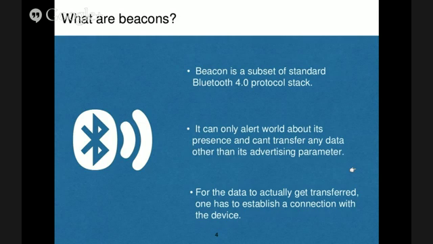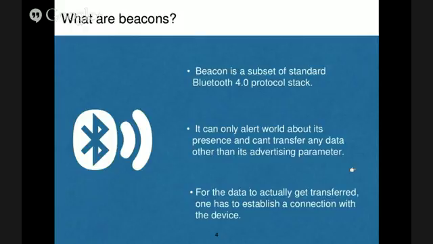A lot of people are a bit confused about what exactly a beacon is. A lot of people think a beacon is a particular hardware they see in the market nowadays, and some people from the software background know what exactly a beacon is. I just want to tell you that a beacon is not just hardware or software, but a subset of the standard Bluetooth 4.0 protocol stack.